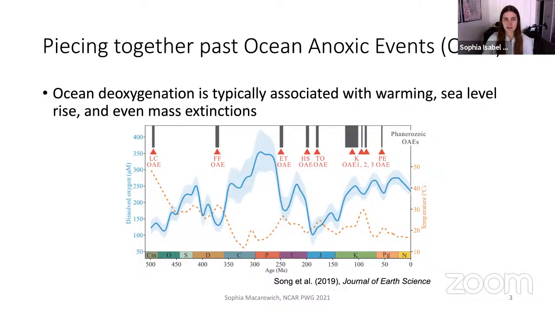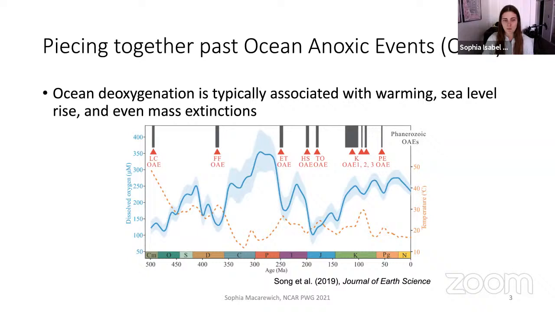That brings us to past ocean anoxic events, or OAEs. These past events of ocean deoxygenation are typically associated with warming of the climate, sea level rise, and even mass extinctions. This figure shows commonly studied OAEs over the past 500 million years.